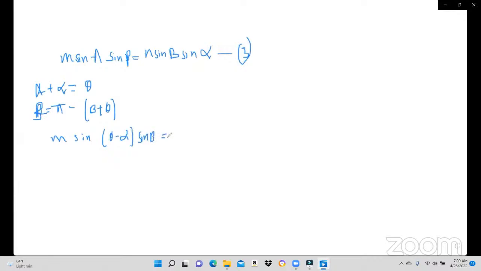N sine B means sine of pi minus beta plus theta, into sine alpha.